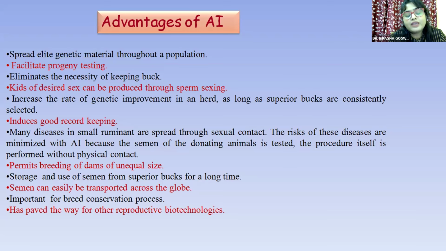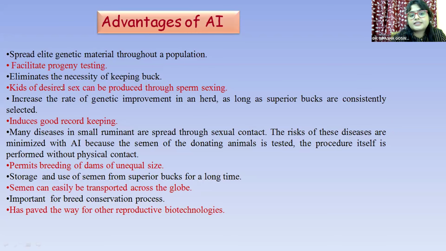Only the semen can be preserved. That's why all the characteristics of the male animal can be preserved through AI, and it facilitates progeny testing and eliminates the necessity of keeping back.